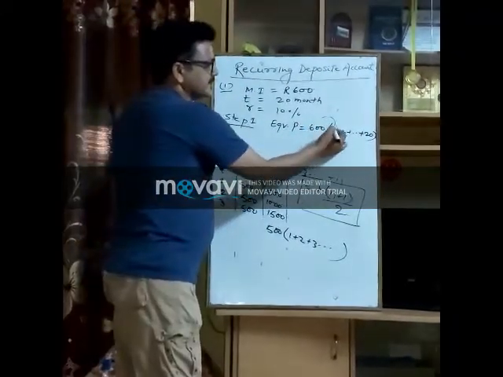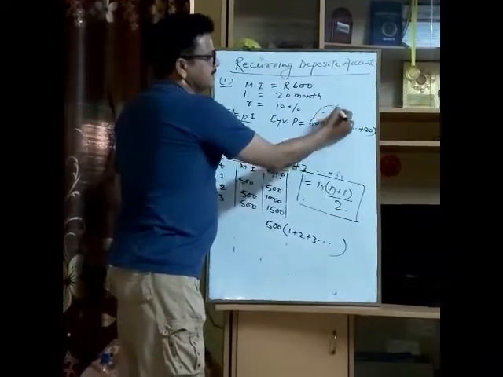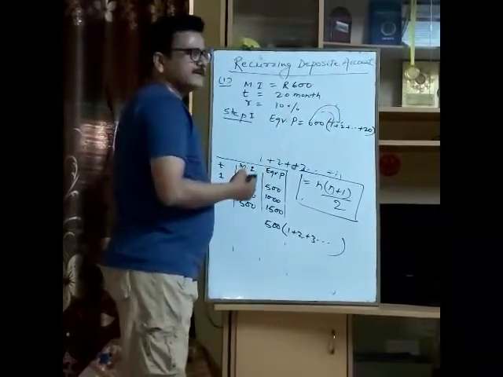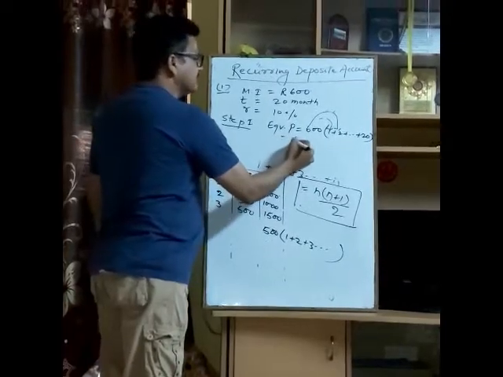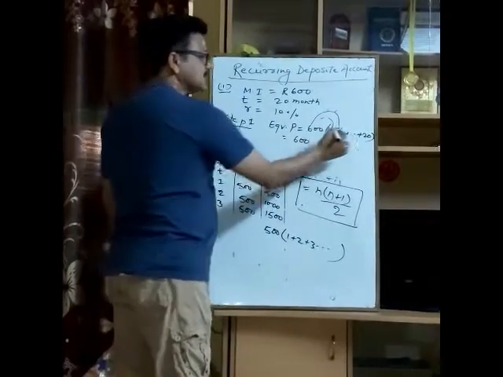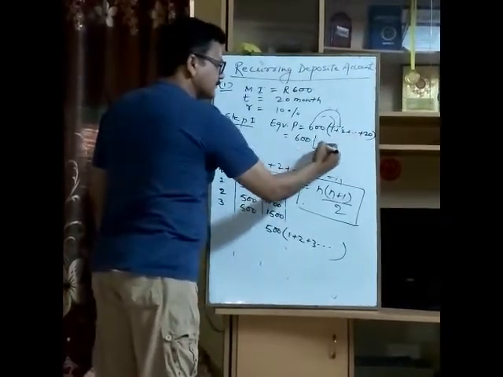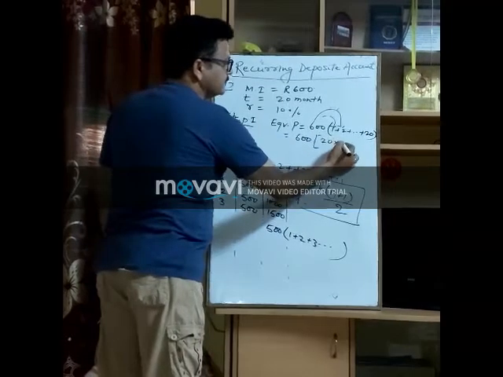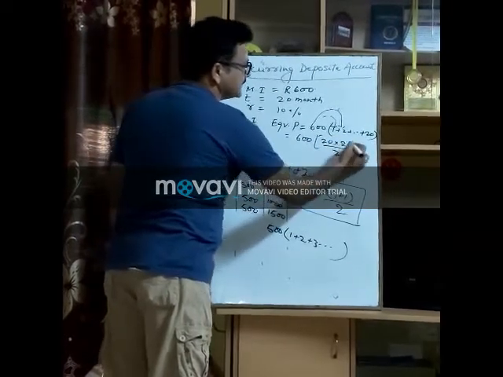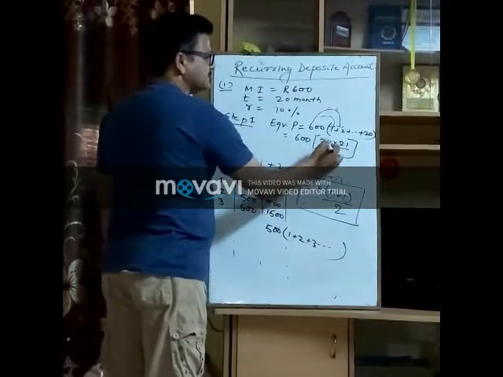First month 600, second month interest will be given on 1200, in this way. So it will become 600 into the value of this, as I told you, 20 into 21 by 2. You can cancel it.